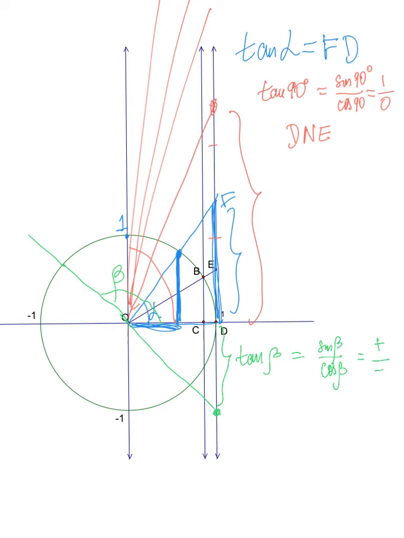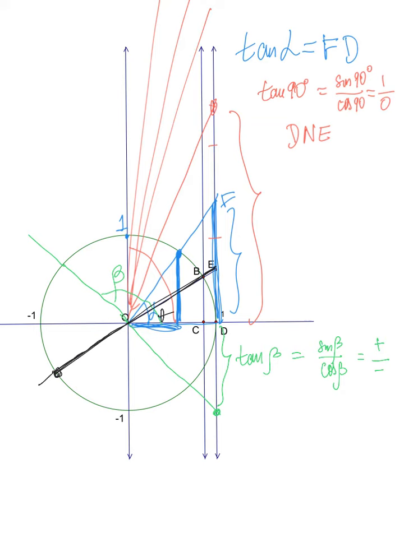As we keep going around the circle, let's say if you go to the third quadrant, the angle here will actually have exactly the same tangent as our original angle theta in the first quadrant. Why is that?